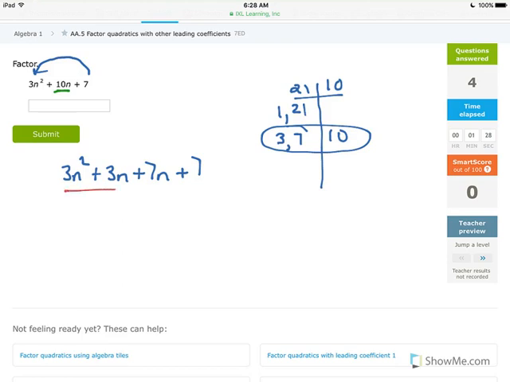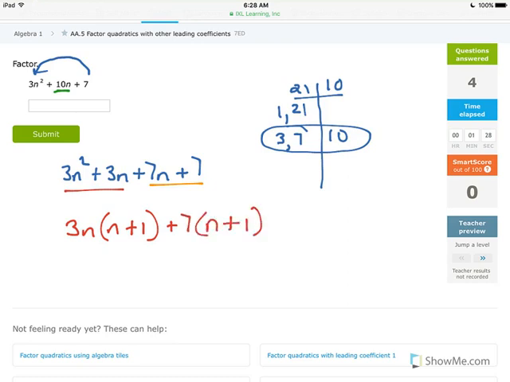And let's do factor by grouping. So what's common on the first two terms? A 3n, and what would be left behind? Looks like an n plus 1. And what's common in the second group? Looks like a 7. So we can factor a 7 off. What's left behind? It needs to be an n plus 1 to work.